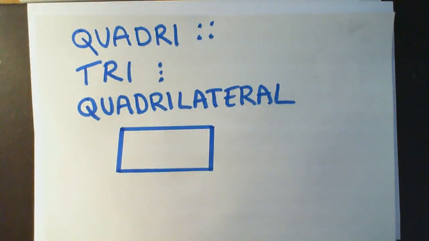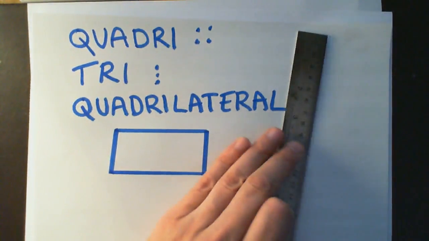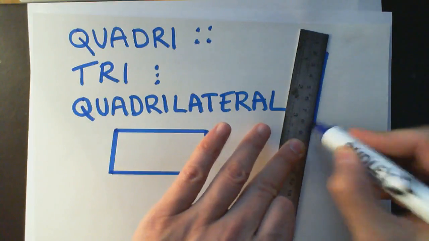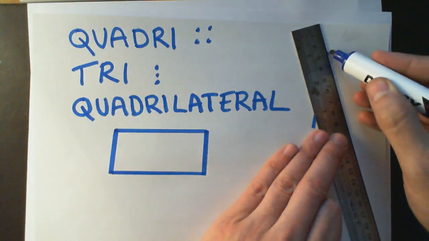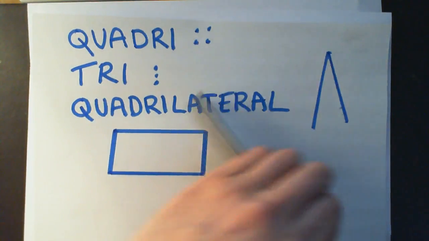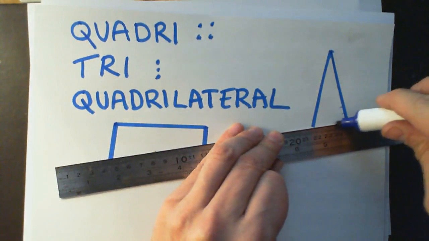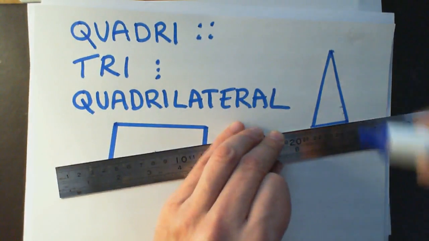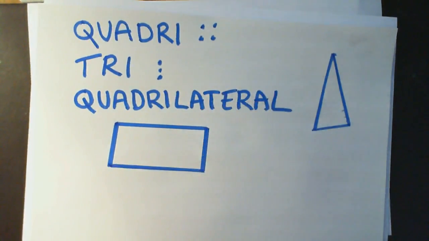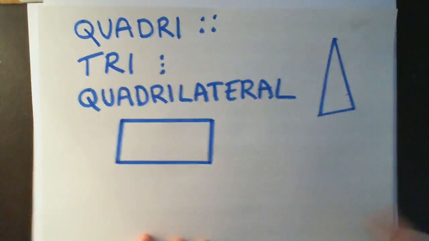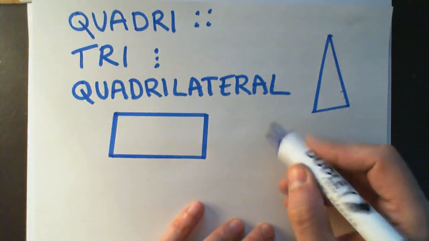That is a quadrilateral. And let's draw a trilateral, just so you remember. There it is, a trilateral, which has got 3 sides. Trilateral.